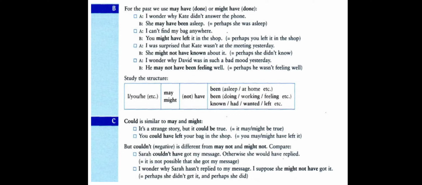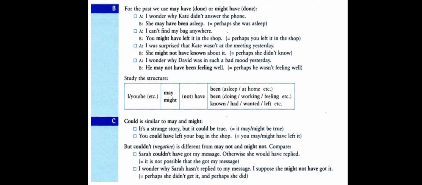Example number 2. I can't find my bag anywhere now. You might have left it in the shop. And here part B is the answer about something that happened before now. If you don't find the bag now, you might have left it in the shop when you were in the shop. When you were in the shop, not now.